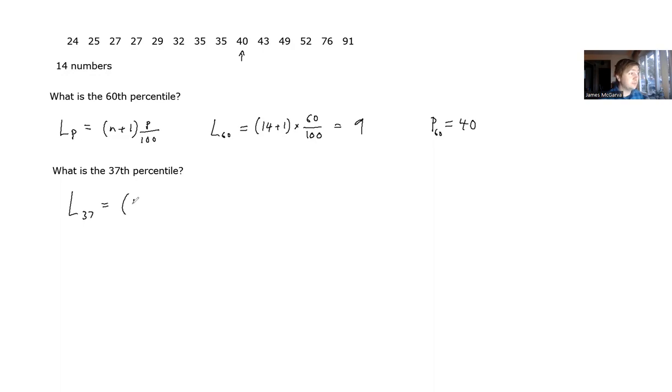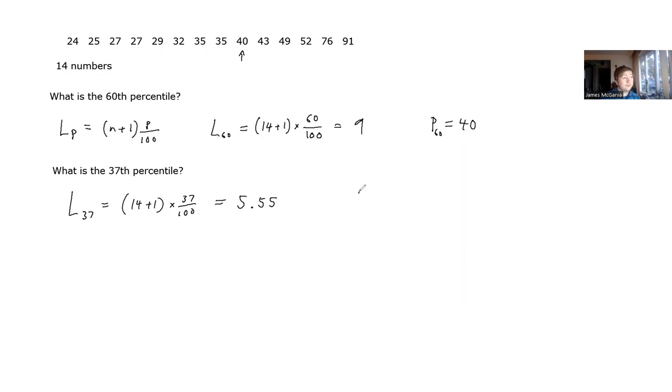is going to be 14 plus 1, so 15, times 37 over 100. Okay, so 15 times 0.37 gets me 5.55. So this is not a whole number. All right, so that means we have work to do.